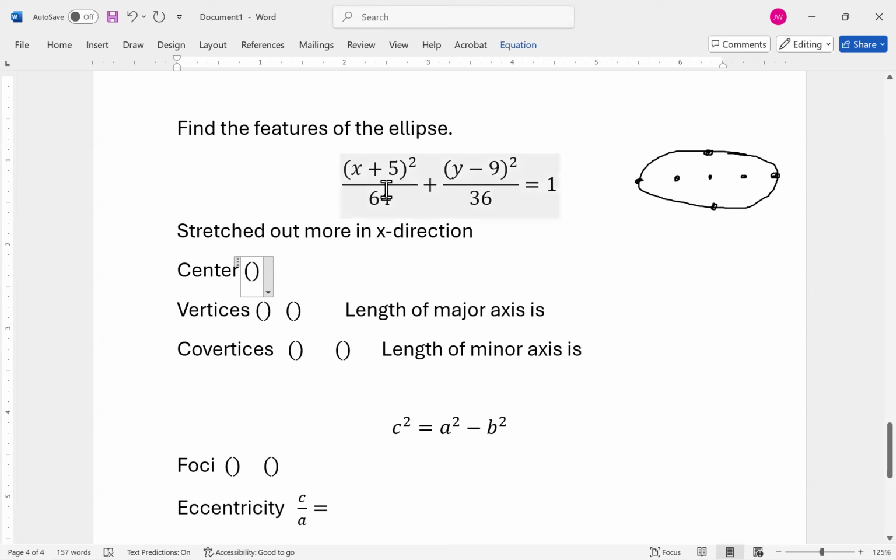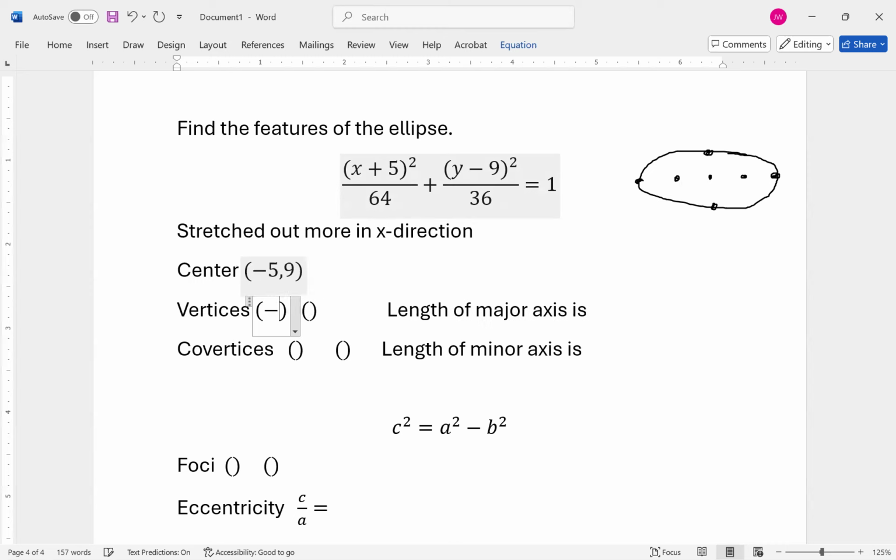So we start at the center. The center is going to be the point -5, 9. That's the h, k that we're given here. Since we're stretched out more in the x direction, the major axis is the axis of x direction. The vertices are going to be moved 8 units left and right.